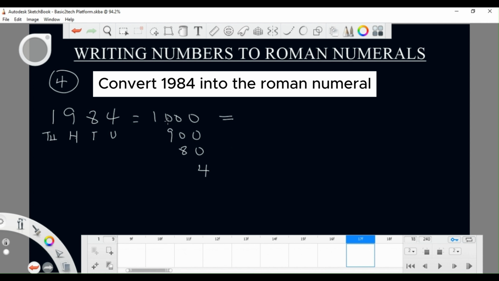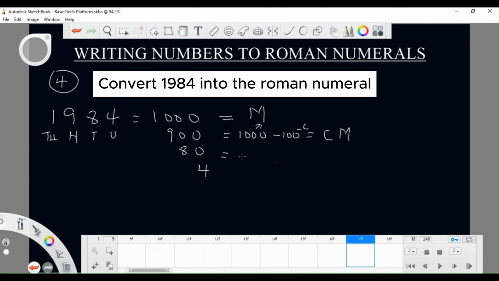Again, 1,000 is written as M. 900 is 1,000 minus 100. So 100 is C, 1,000 is M. Because we are subtracting, the small symbol comes before the large symbol. So you see CM.